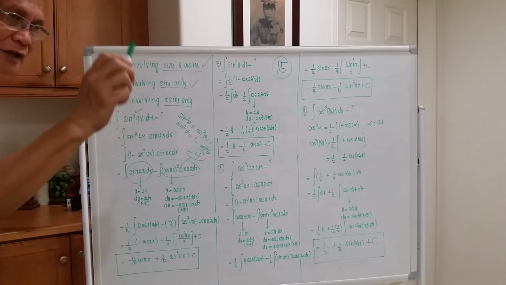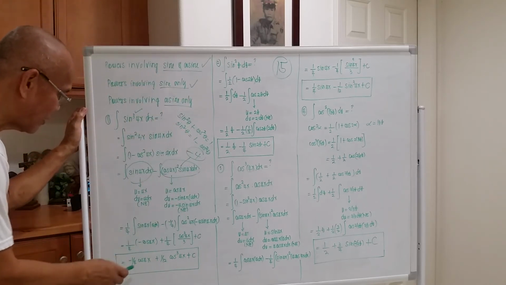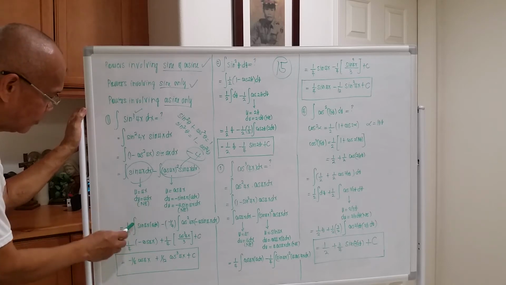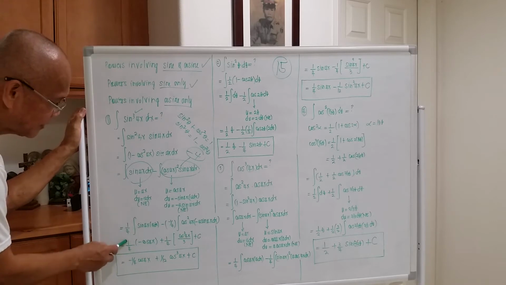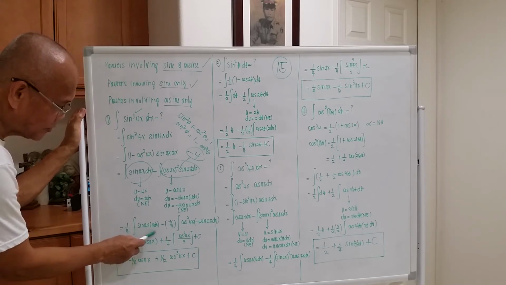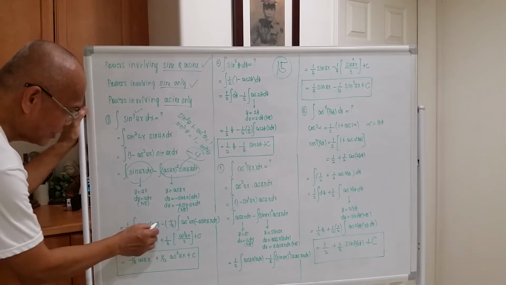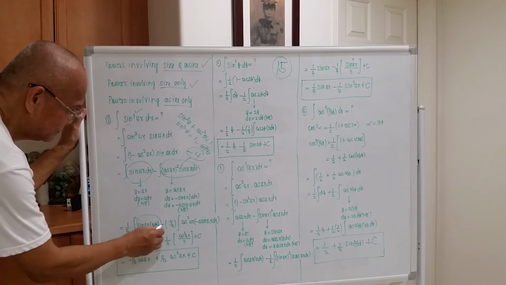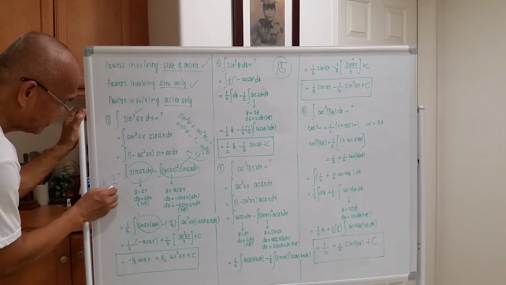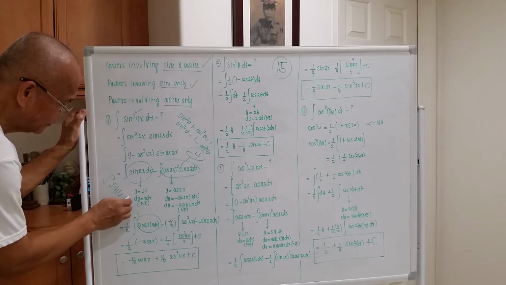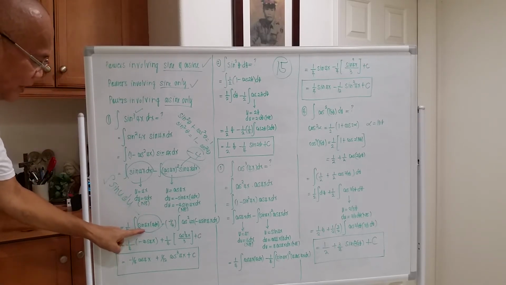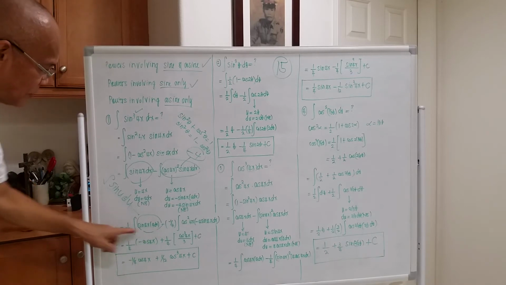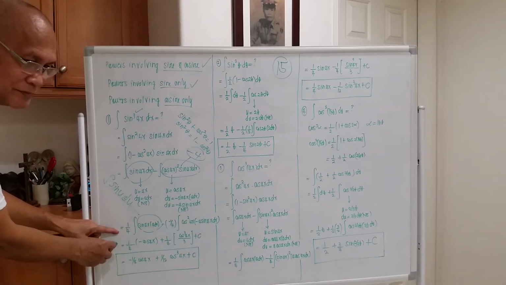So proceeding with the integration, this will now be equal to 1/4, the reciprocal of 4, times the integral of sine of 4x 4dx. And this is now exact. This falls under the integral of sine of u du. This is sine of u, and this is the complete du after placing 1/4 outside.